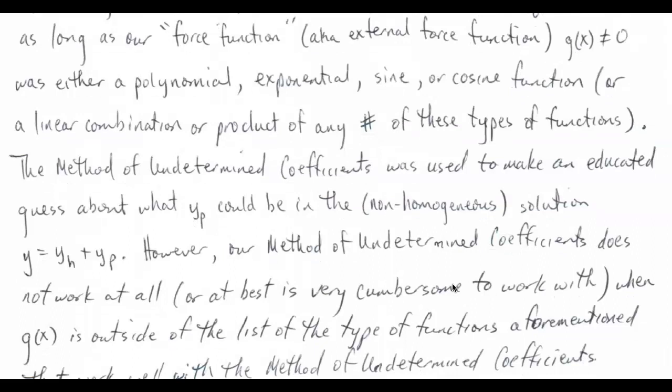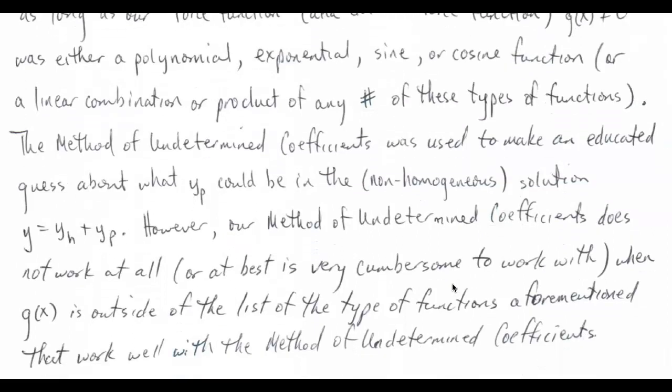And of course, our solution takes on the form of y equals y sub h, which is your homogeneous solution, plus the particular solution. So we know that with non-homogeneous ordinary differential equations, this is the form of it.